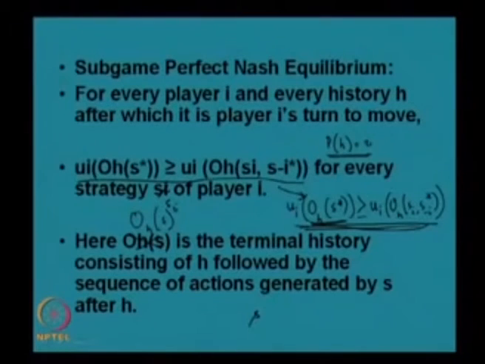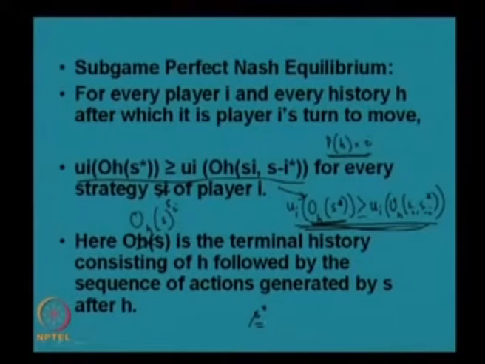Just to repeat the main point of the definition, we have this S star, which is the equilibrium strategy profile, and I know that every strategy profile generates a terminal history. What is important about this subgame perfect Nash equilibrium is that I do not consider only those subhistories on the path of this particular terminal history generated by S star alone.